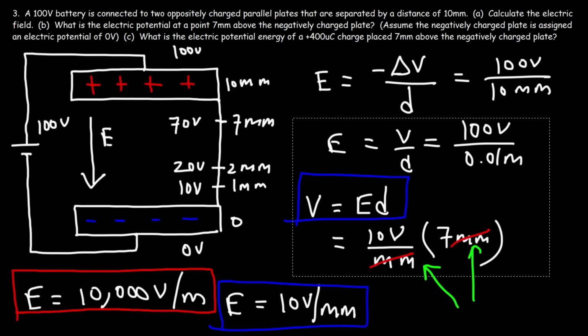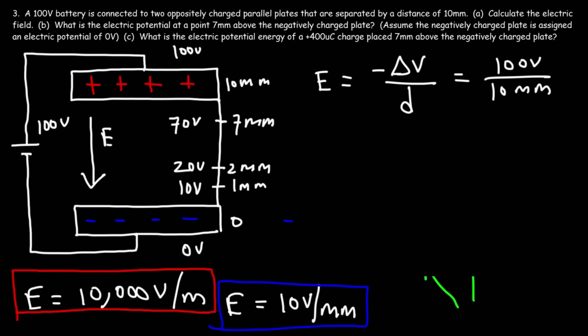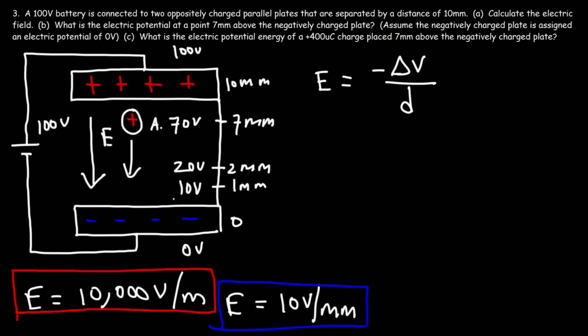Now let's talk about the formula above. For those of you who want to understand the negative sign and how it works, let's get rid of a few things, and we'll talk about how we can derive that formula. So let's say we have a positive charge moving from position A, where the potential is 70, to position B, where the potential is 20.